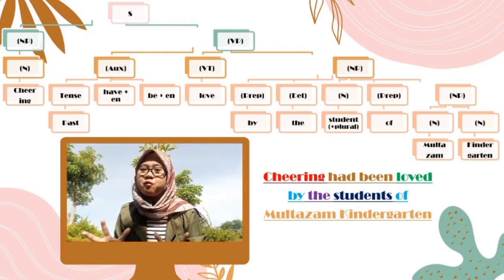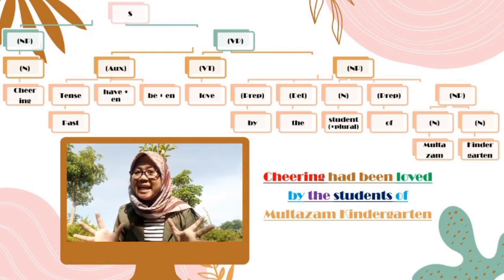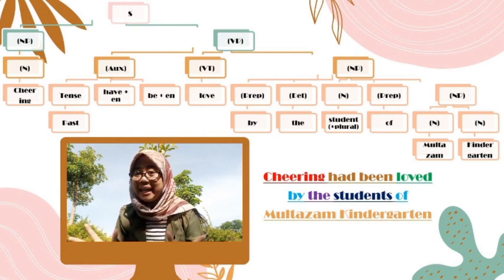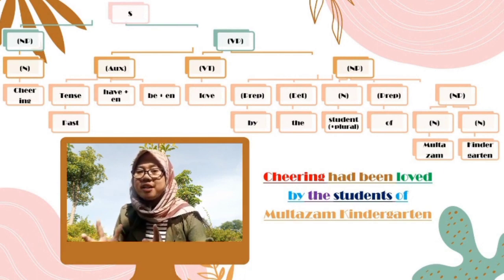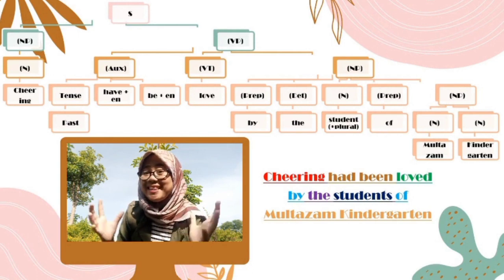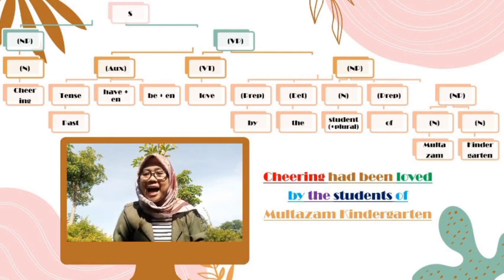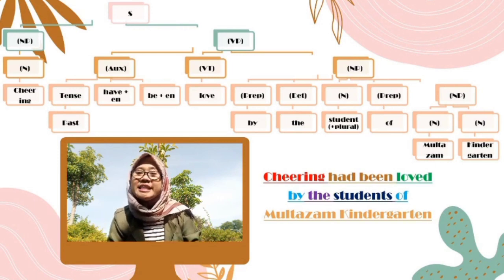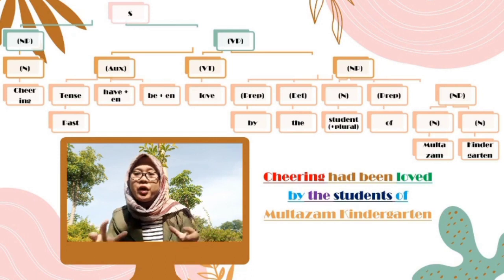And then the last part of the VP is the PP, consisting of prep as the preposition for the word by. By is prep. And then determiner for the. Student is a noun without adding the s. We just state it as plural, which shows here that there is more than one student.